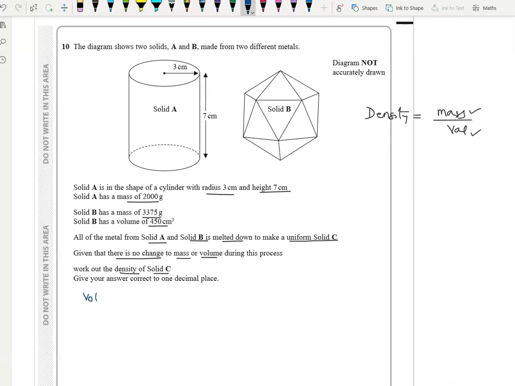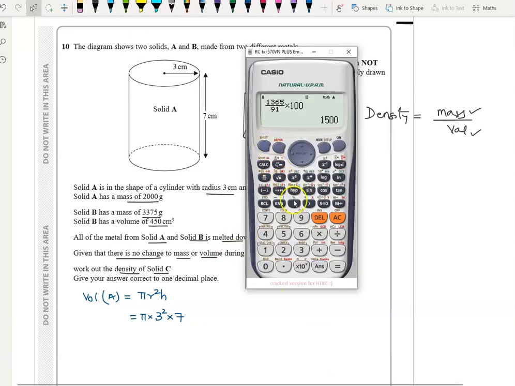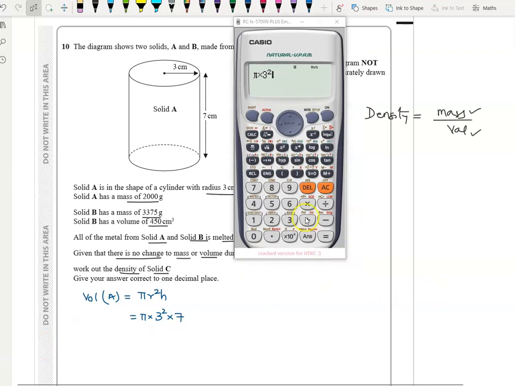Volume of shape A, that is the cylinder, the formula for volume is pi r squared h. Pi, the radius of the cylinder is 3 squared, height is 7. So put this in your calculator: shift pi times 3 squared times 7.